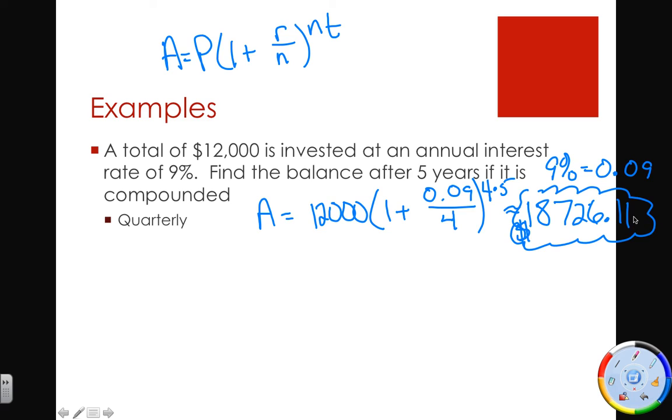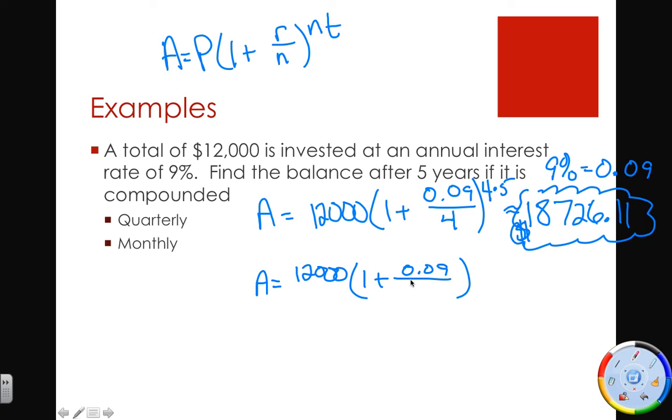But let's see what happens if I change this quarterly to monthly. Now, it might seem in your head that it should just come out to the same number because I'm doing it over the same amount of time. But let's see what happens here. 12,000 times 1 plus 0.09. A lot of this is still the same.